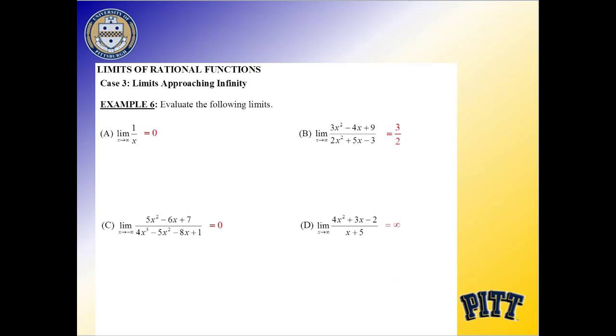Going back to these results here, how does this relate to things we've talked about before involving rational functions? Because remember, we've already talked about how we connected the holes, how we connected the vertical asymptotes. Anytime you're doing a limit as x approaches infinity or negative infinity, you're actually looking for a horizontal asymptote. If you want to look for a complete horizontal asymptote, you should really be looking as x approaches infinity and x approaches negative infinity.